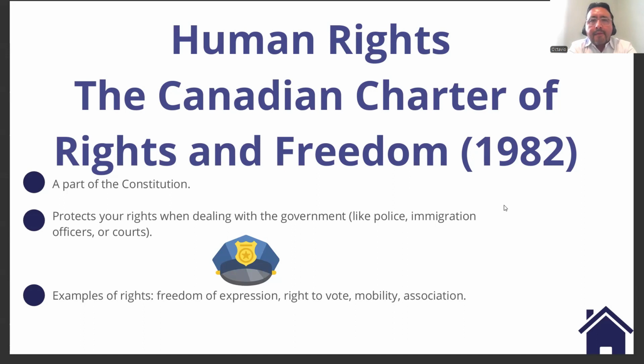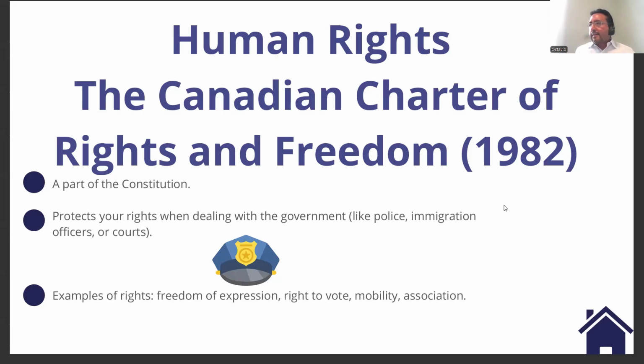So that means that I have the right, if I am a citizen or a permanent resident in Canada, to live in any of the provinces of the country, or if I want to begin a business with any partners, I have the right of association, or the right to create a political party, right? So these are the grounds that are protected at this level.